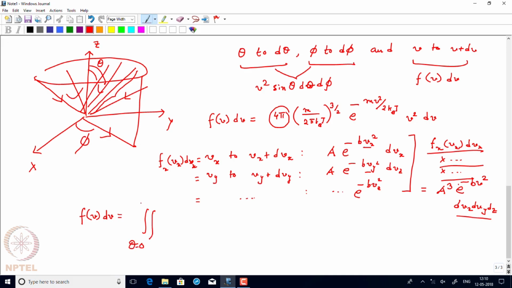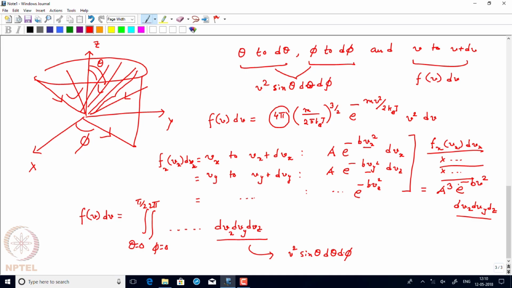We take theta from 0 to pi by 2, phi from 0 to pi, and then integrate this function into dvx, dvy, dvz, and instead of dvx, dvy, dvz, we use the spherical polar volume, which is v square sin theta d theta d phi.